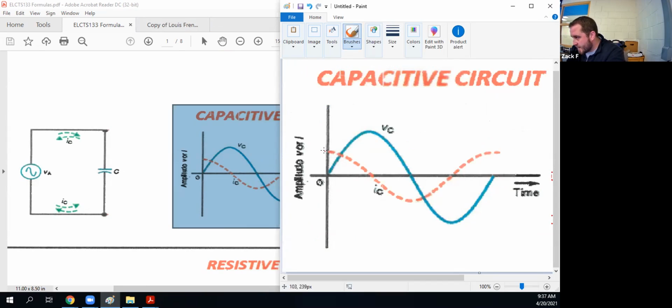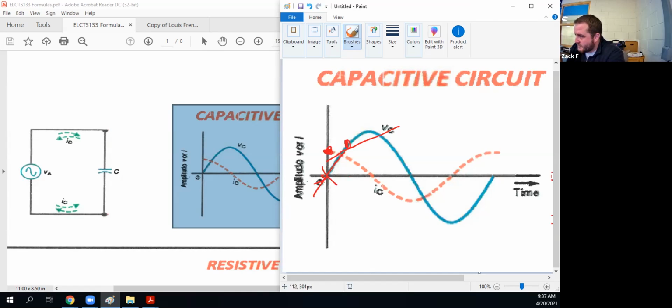Where capacitive current is at its peak, right here. So this is the maximum current at this point in time. The rate of change, so basically the slope of the voltage, is at its maximum, right? At this point in time, the rate of change or the slope looks something like this. It's extreme, but the rate of change is not as much as the rate of change at this point right here.